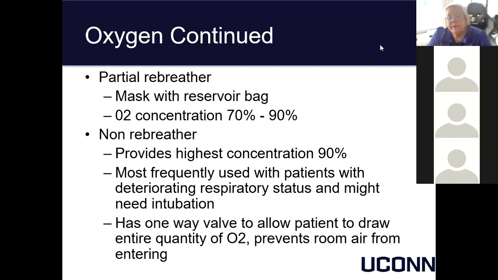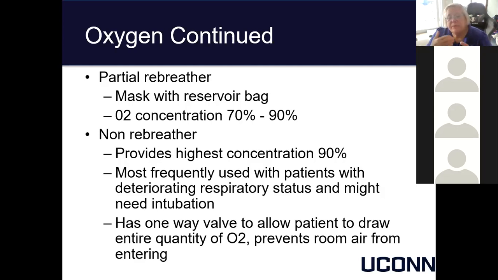A partial rebreather: one of the differences between a simple face mask and a partial rebreather is the partial rebreather has a reservoir bag, so it's got a plastic bag connected to it. With a partial rebreather, you increase the amount of oxygen you can provide up to almost 90% concentration. And while you're giving this additional oxygen, this is still mixing with room air.